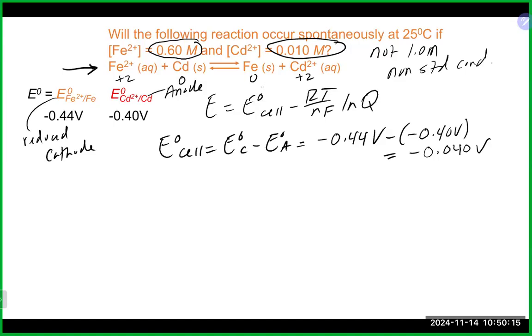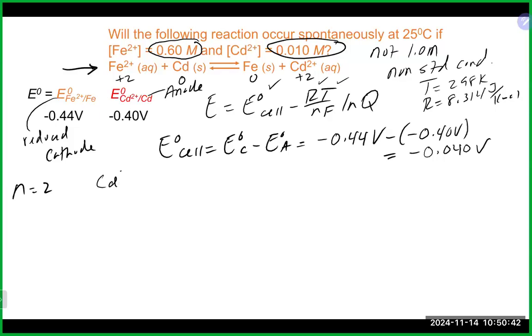So we have this now. R is a constant. Our temperature here is 25 degrees, so 298 on that. And our R obviously is still 8.314 joules per Kelvin per mole. Our N in this case is going to be 2, as it's iron 2 and cadmium with a +2 charge, which means there were 2 electrons if you broke that up into the half reactions.